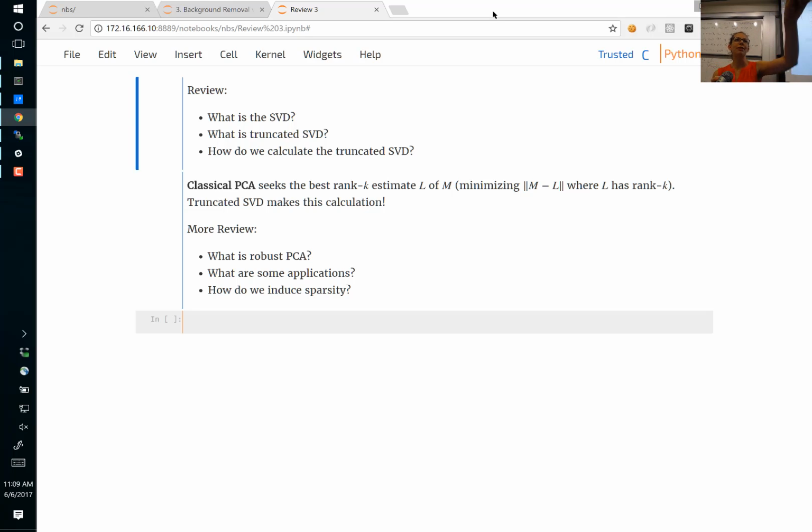Brad's got another question. I know last week I mentioned that in the approach where you calculate the full SVD and then chop off the smallest singular values, that is the best low rank approximation.